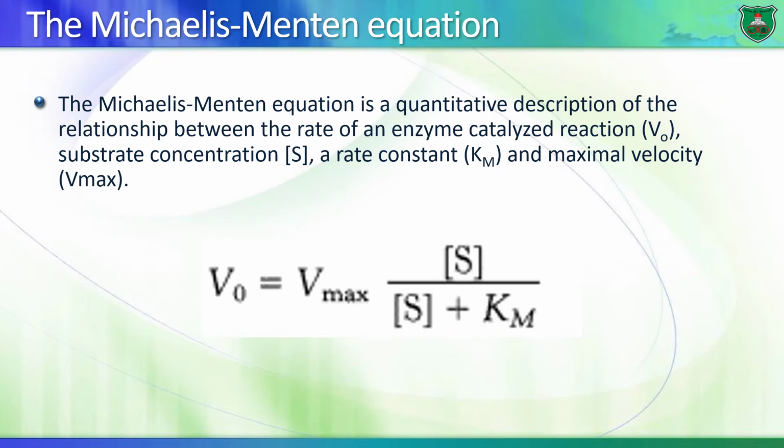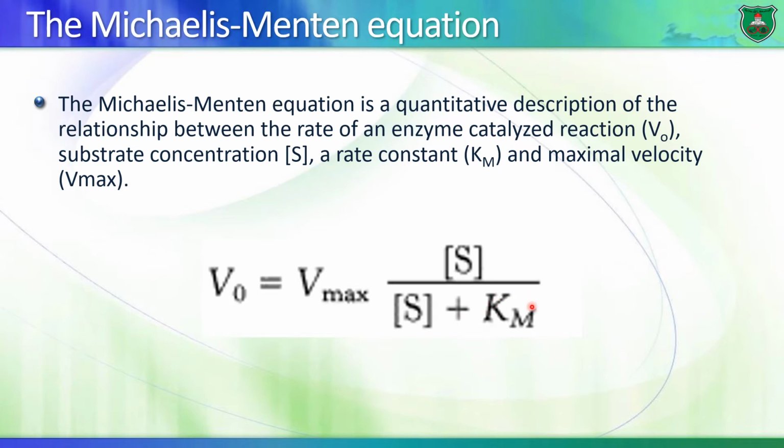Okay, so there are two scientists that studied enzyme kinetics, and they came up with an equation, and you need to memorize this equation. It's known as the Michaelis-Menten equation, and it says that the rate of the reaction is equal to Vmax, maximal velocity, times concentration of S over concentration of S plus Km.